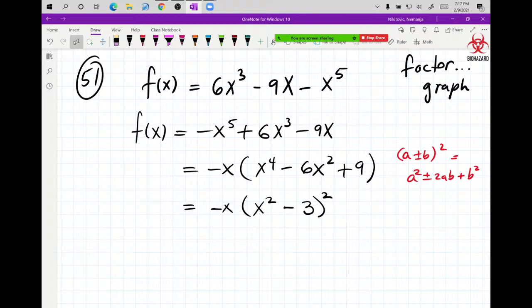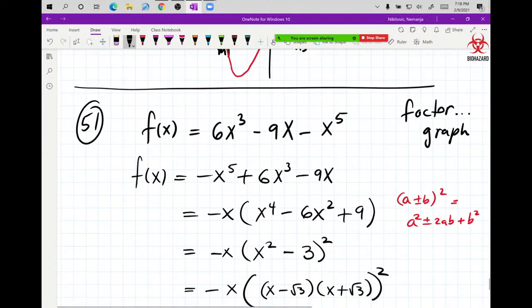And now, when we are here, we see that we have this x squared minus 3, which we can further factor, and we're going to get root 3, but that's okay. So negative x, and this becomes x minus root 3, x plus root 3, and it's still everything squared.